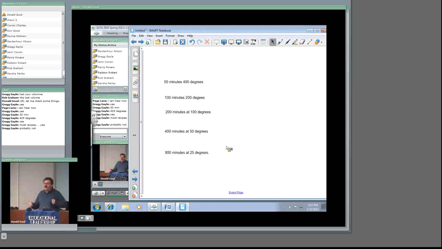But because one of these is just interval data, you can't use the same proportions with both of them. Yeah, 50 minutes is half as long as 100 minutes, but 400 degrees is not twice as hot as 200 degrees. That's why they don't work together very well.